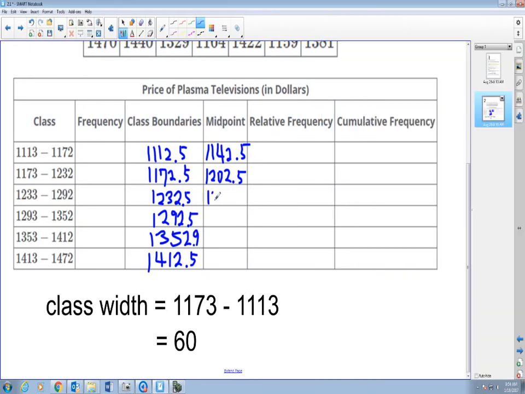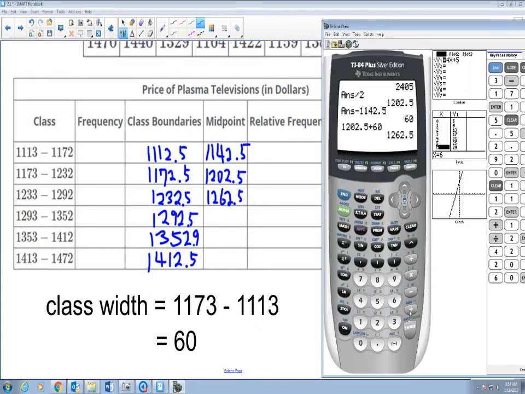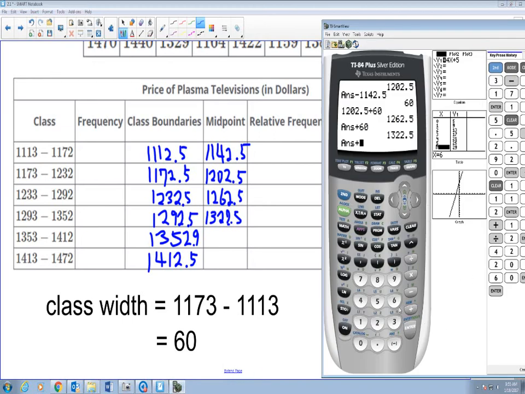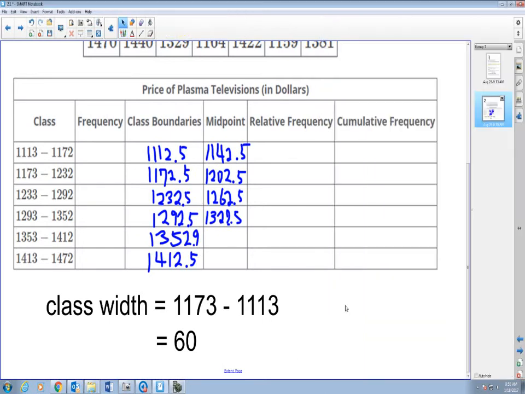1262.5. Alright, let's add 60 again. 1322.5. Add 60 again. 1382.5.